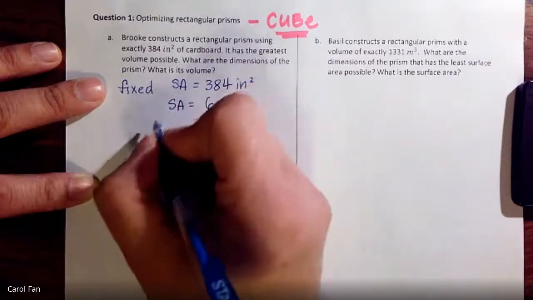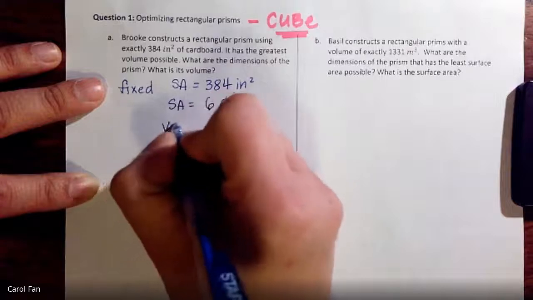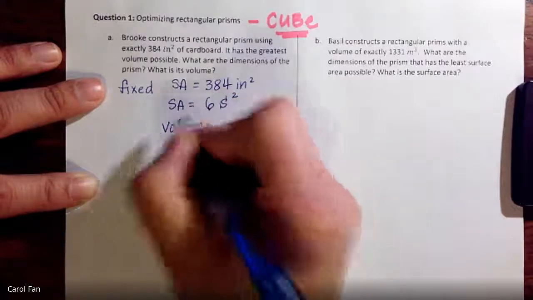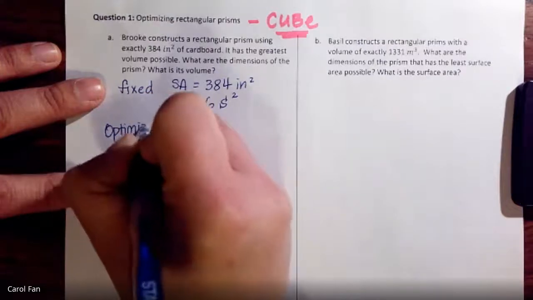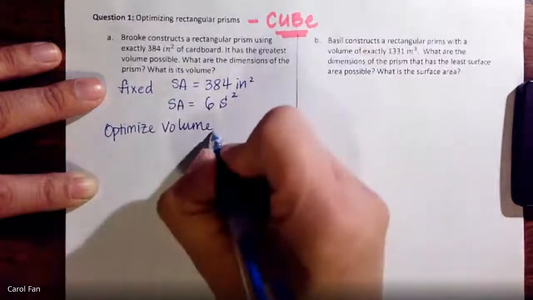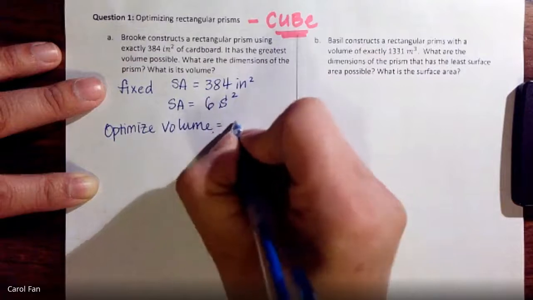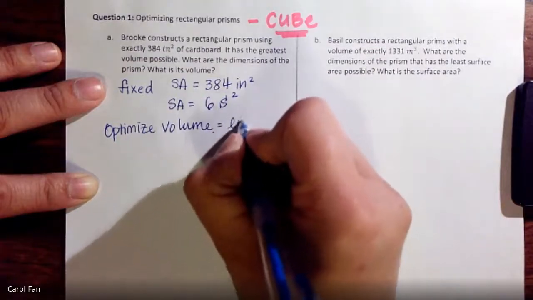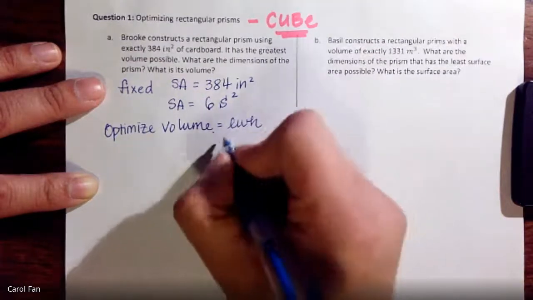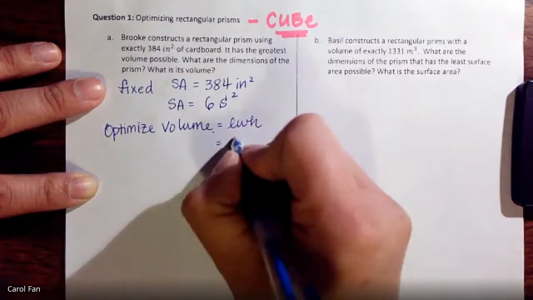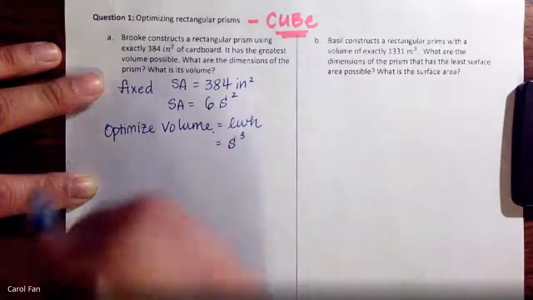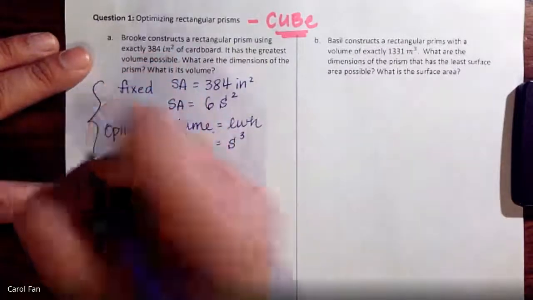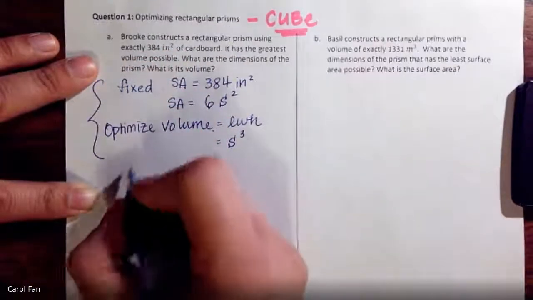Now, our other equation would be volume. Volume is what we need to optimize. So since we need to optimize this, we're going to rewrite our equation, length times width times height, or side cubed. We can rearrange our first equation and substitute it into our second.